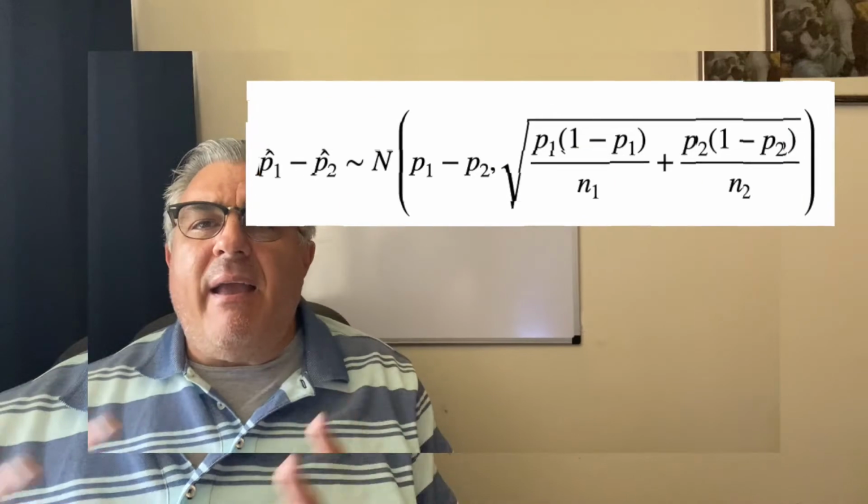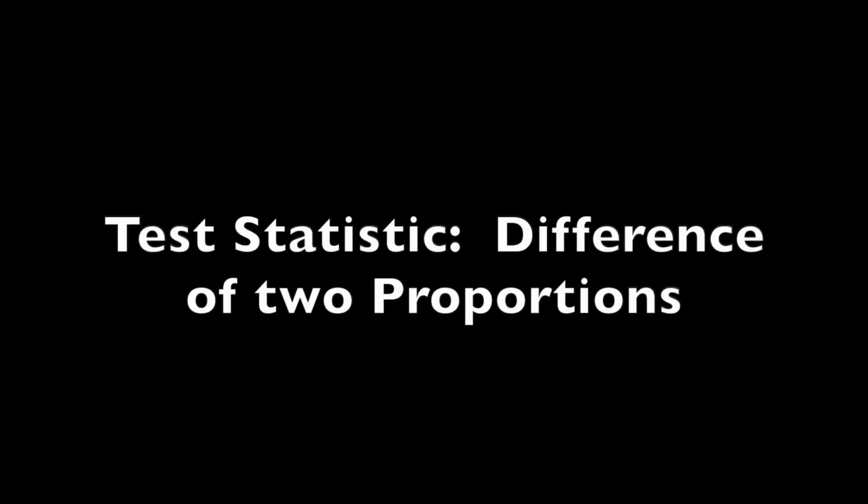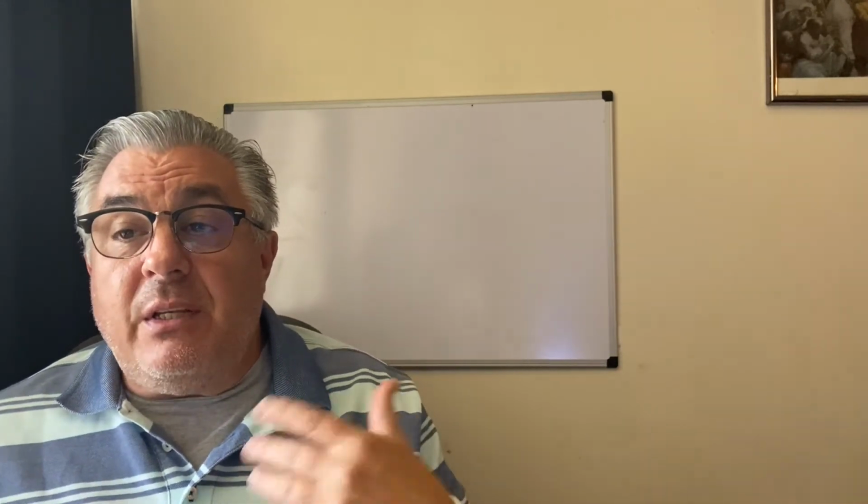So now that we have the distribution property of p hat 1 minus p hat 2, we can now go into discussing the test statistic for the difference of two proportions. All right, so let's just recall that a test statistic is something that's in the form involving a z-score.